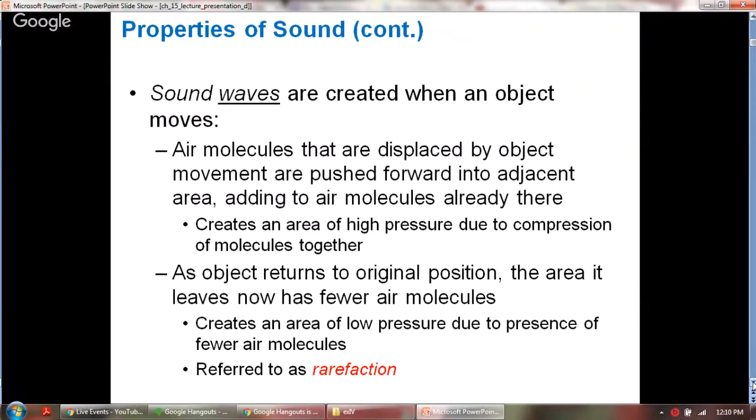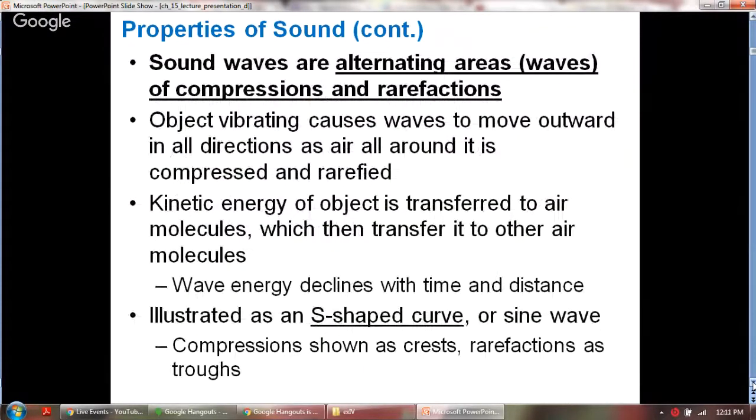As the object returns to the original position, the area it leaves now has fewer air molecules, so it creates a low pressure due to the presence of fewer air molecules, which we call rarefaction. So sound waves are alternating areas of compression and rarefaction.